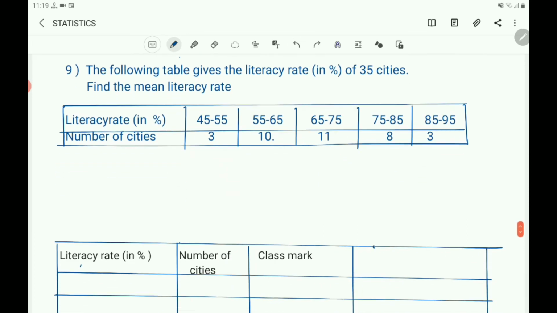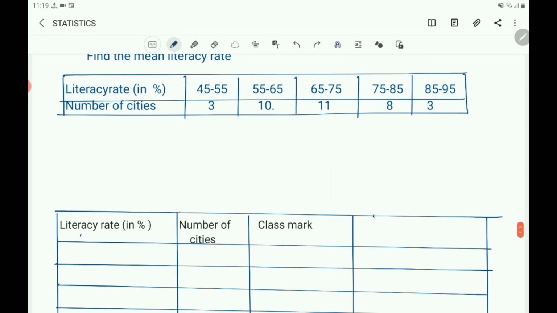Then here take the literacy rate column and number of cities column.